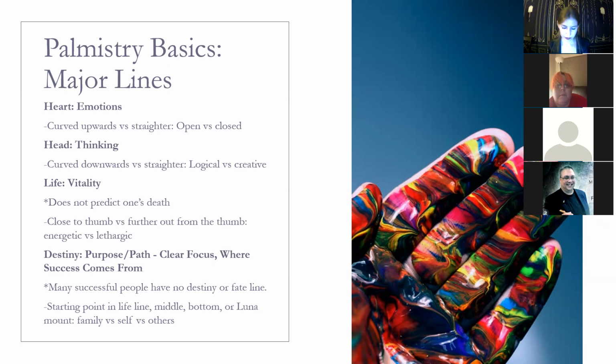Creativity and practicality. You can also read, is there a gap between the headline and the lifeline? Or is it kind of completely fused together? My headline and lifeline are completely fused together, which indicates a person who is more cautious.